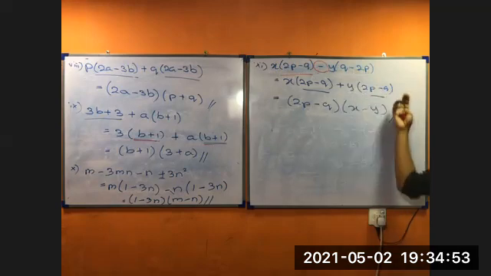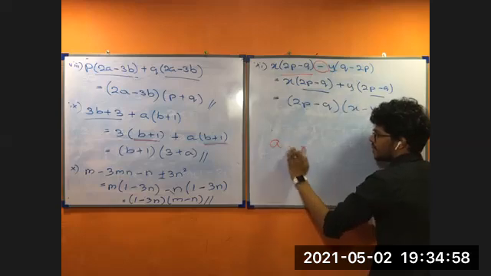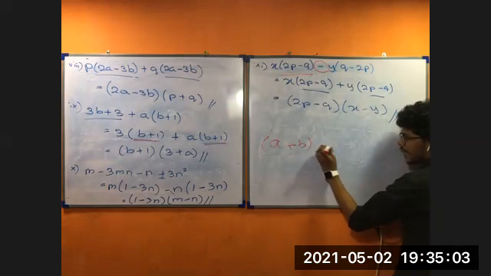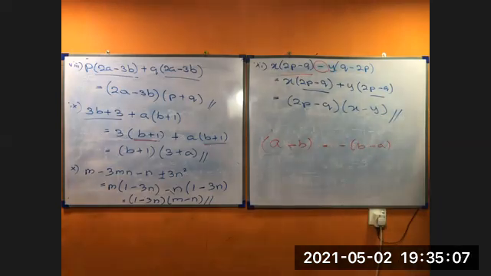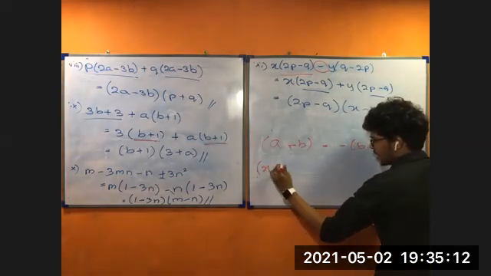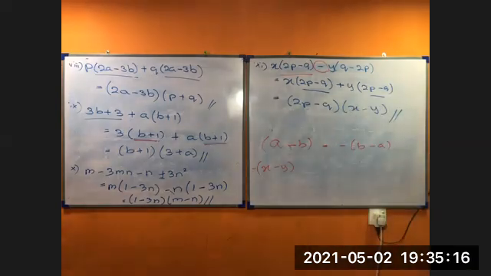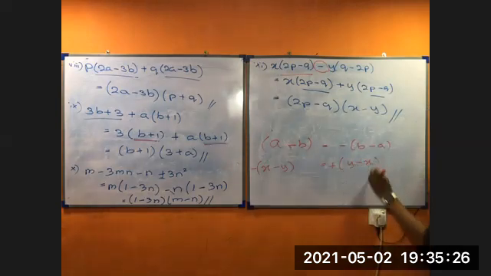So if it is a minus b, you can write it as minus, b minus a. For example, say minus x minus y: this will always be equal to this minus becoming plus, and this becoming y minus x.